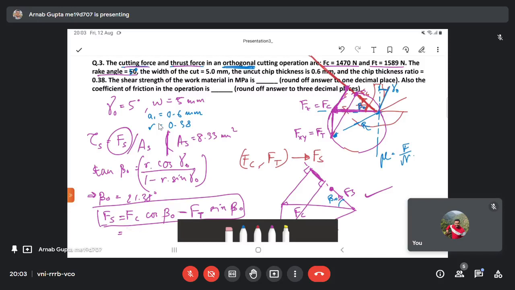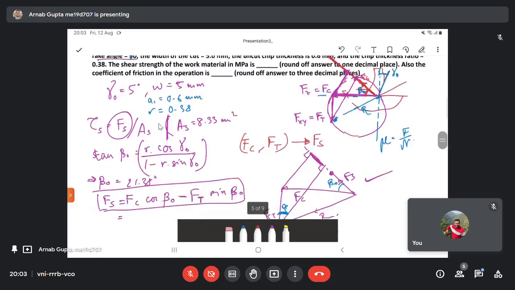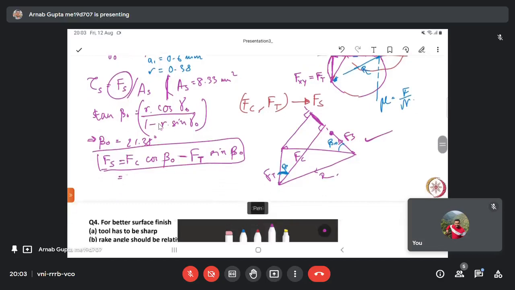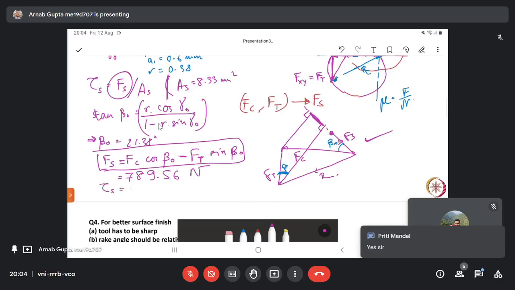Is it coming around 789? Can you just confirm if it's around 789.56 Newton, the value of Fs? I think I've made some mistake here.